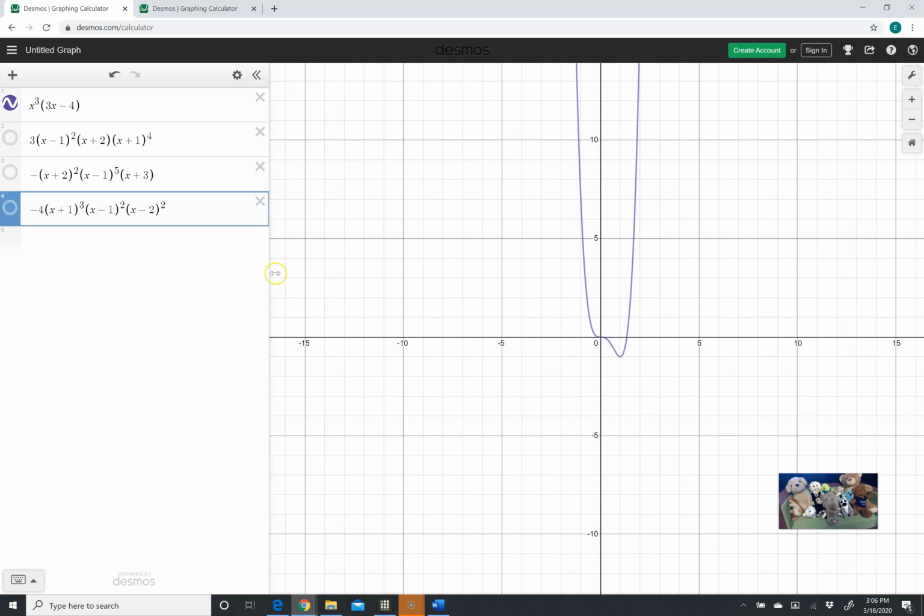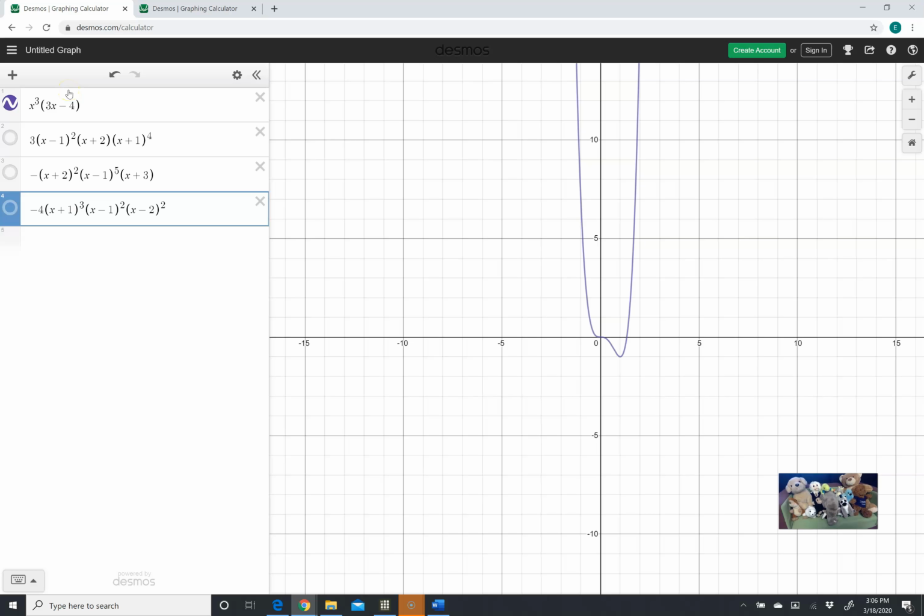Okay, the multiplicity at x equals 0 is 3, so it passes. I said it bounces. I meant to say it passes. For 3x minus 4, the multiplicity is 1, so that also passes.